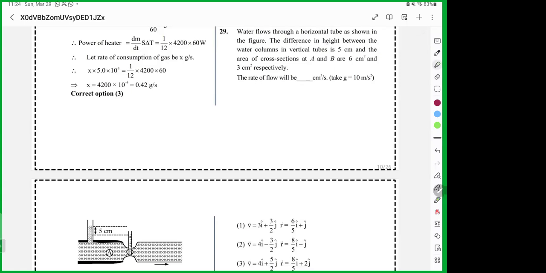Difference in height in the water column in the vertical tube is 5 centimeter. You know P is equal to H rho G is very popular. Correct? That is responsible for this. And area of A is given, area of B is given. You have to calculate what is the rate of flow in this case. It means volume dV by dt value.